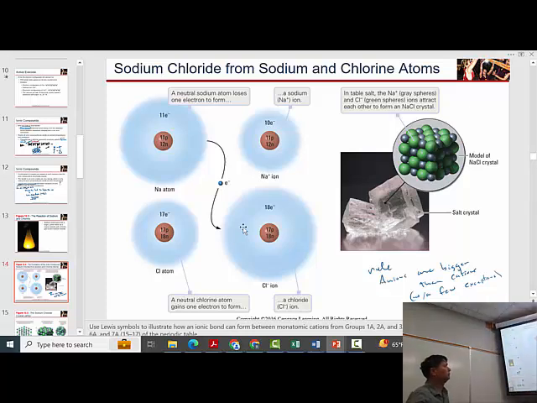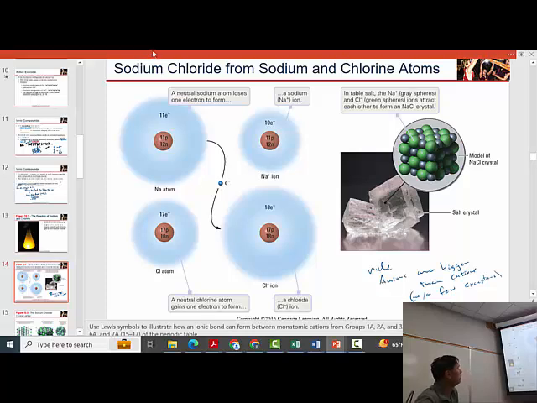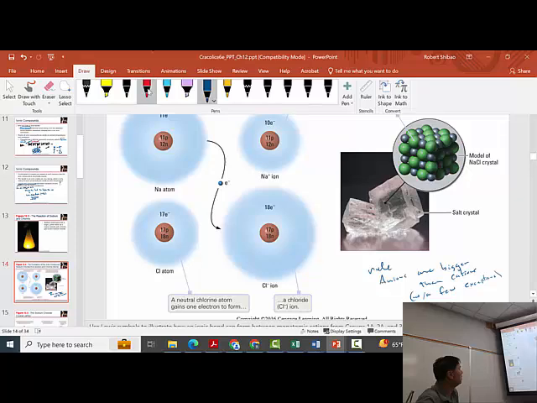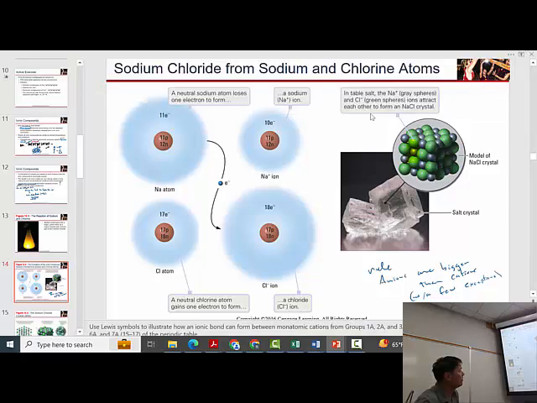Here, the smallest unit of sodium chloride you could have is what we call a formula unit. There's no molecule here because there's no set unit. For example, if you pick this sodium, which of these chlorines belongs to it? Well, any of them.